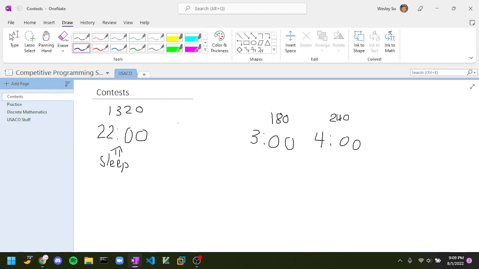To show this works, take the 180 minutes of the alarm clock and subtract 1,320, the time you sleep. That would be negative 1,140.